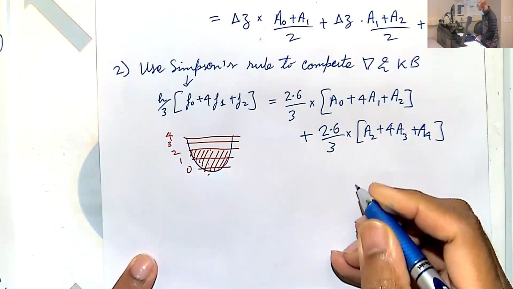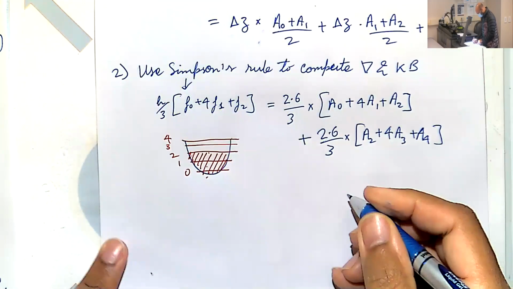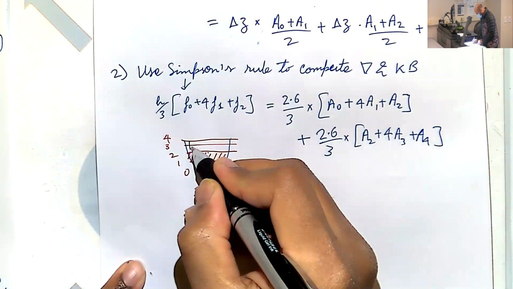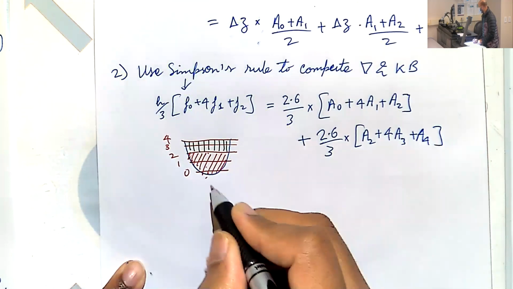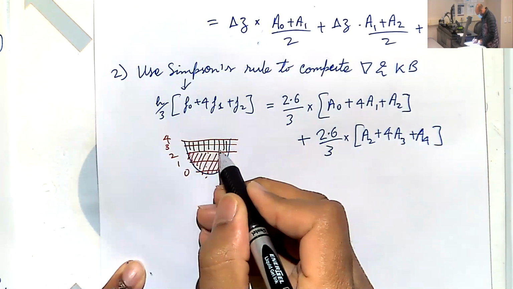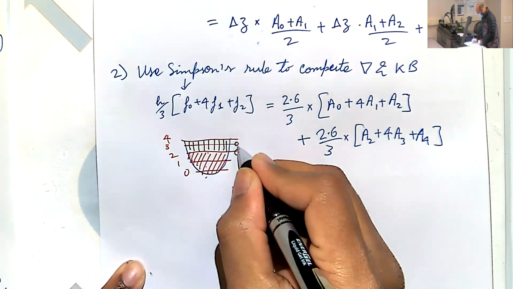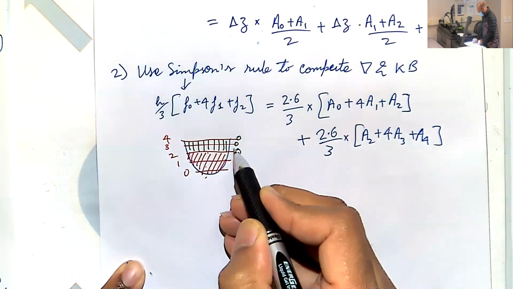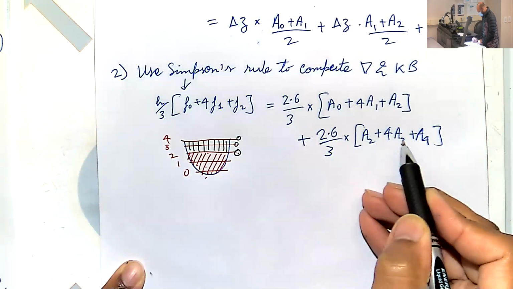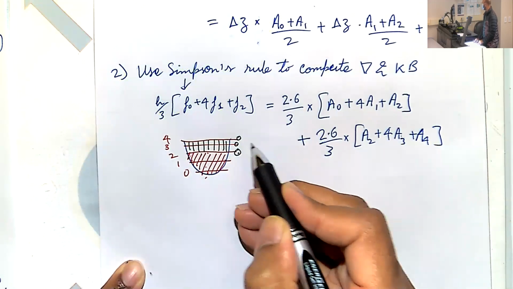Okay, and the reason we do that is to form the next, this black shaded chunk of the hull, we basically need to take this guy, and this guy. So this is A2, this is A3, this is A4. Okay.